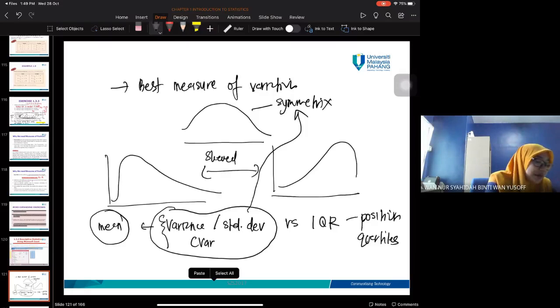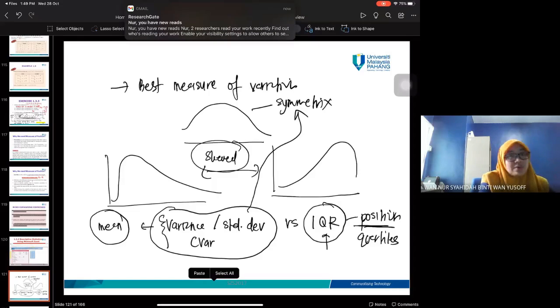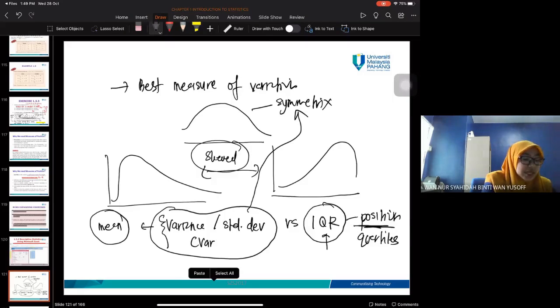But when we have skewed data, the best measure to use is IQR. Similar reason to the median, because it is about position of the data. When it is about position, it will be less affected when we have an outlier.